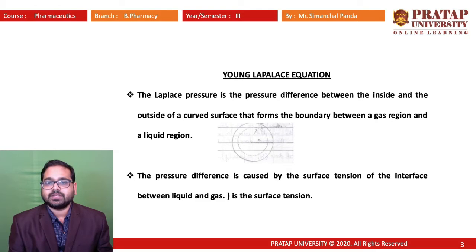If the initial radius of the bubble was r, then the final radius after the pressure change will become r minus dr, where dr is a small change in radius. The pressure difference is caused by the surface tension of the interface between liquid and gas.